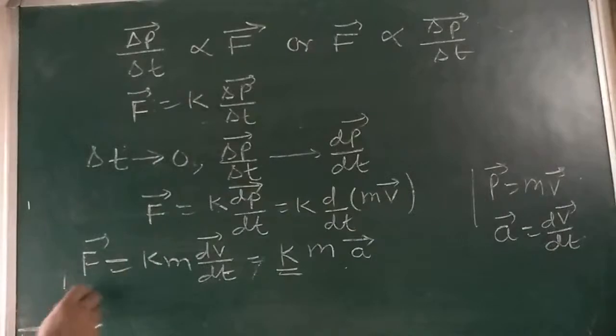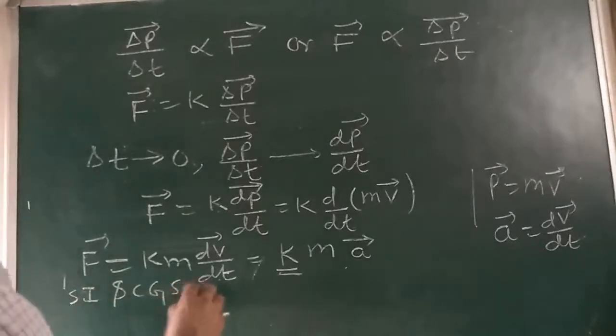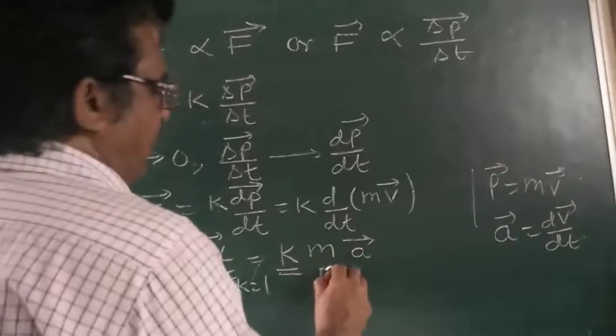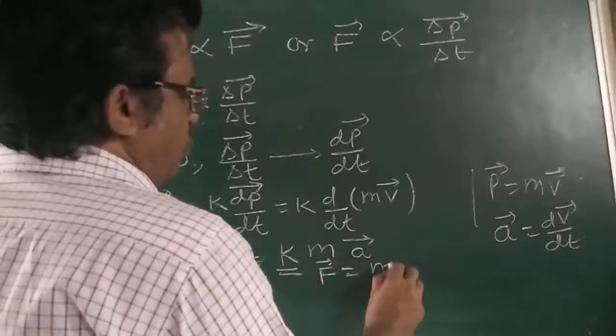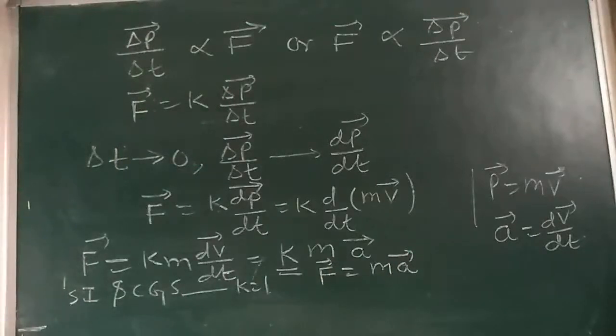Both in the SI system and the CGS system, SI means Standard International, the unit of force is selected in such a manner that the value of K is equal to 1. So putting this value of K here, I can write F is equal to MA. So this is force. Is that clear?